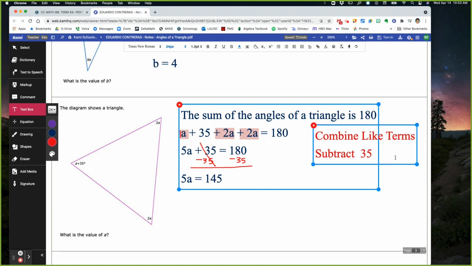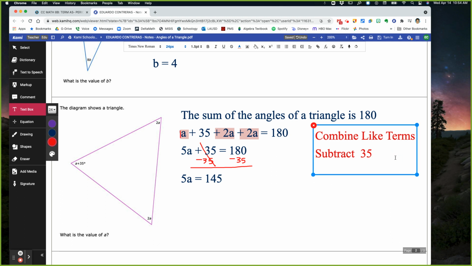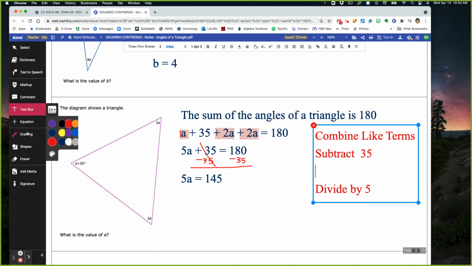So my next step over here where I'm showing my steps is divide by 5. I'm going to divide by 5. So I'm going to do that.